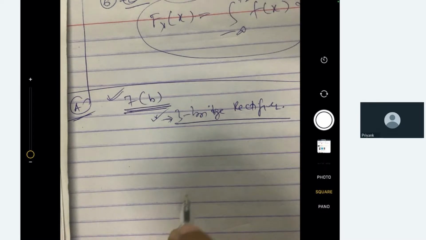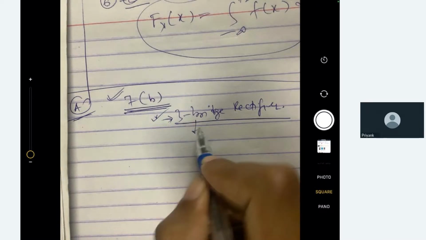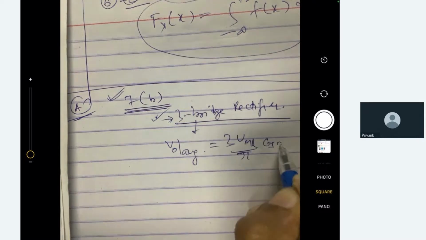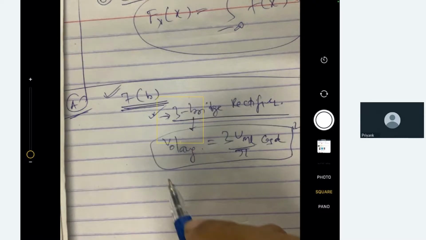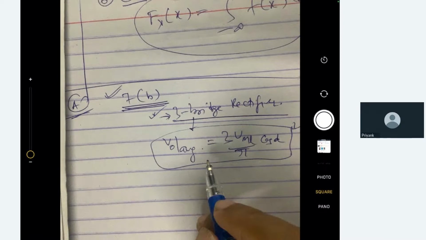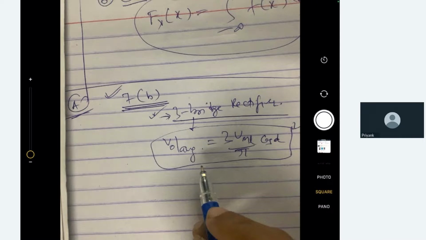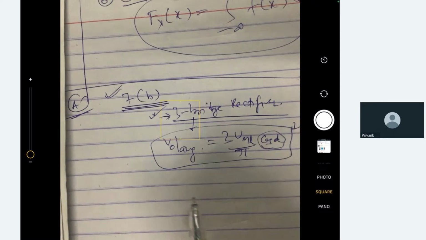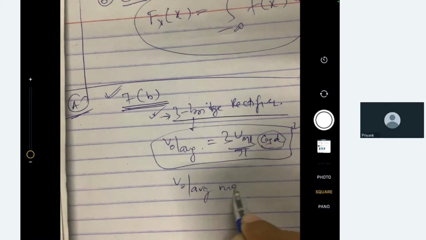The average voltage, we all know, is equal to 3 VmL upon pi cos alpha. The question is asking to obtain an average output voltage of 50% of the maximum output voltage. The maximum output voltage will be when cos alpha is 1, so V output average max equals 3 VmL upon pi.